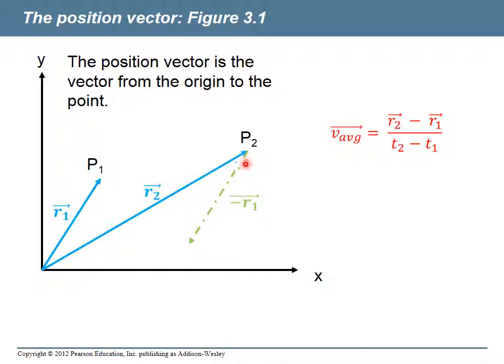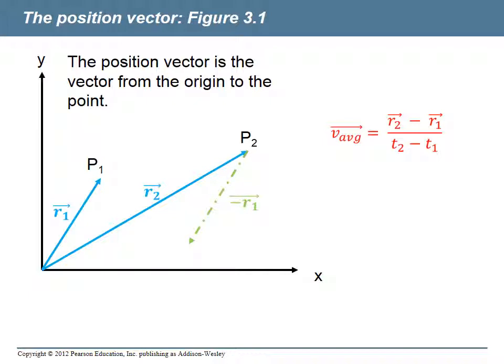So this is vector negative R1 right here. It has the same magnitude as vector R1, but it is 180 degrees off from it. It's in the complete opposite direction. So now we can have vector R2 plus negative R1, which is the same as R2 minus R1.